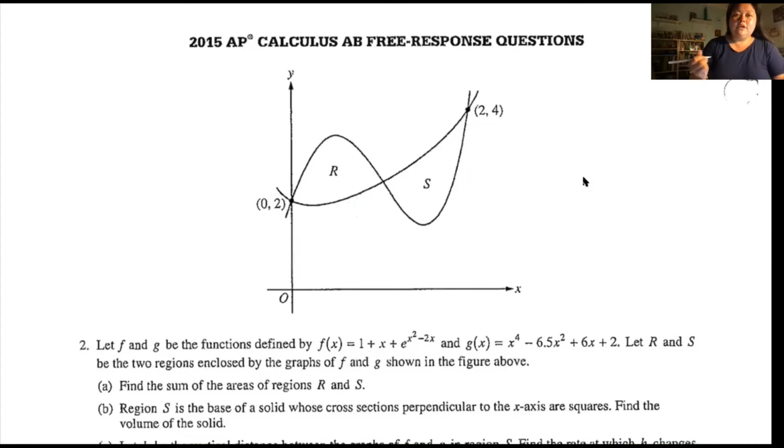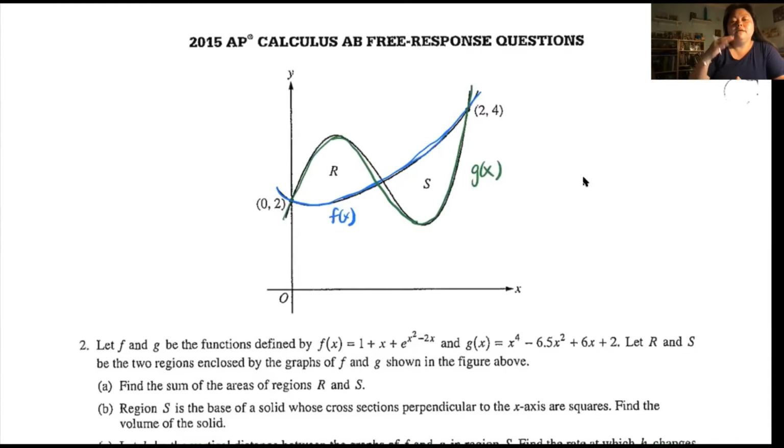After seeing the graph on our calculator, we know then that this is f of x. I'm going to use some colors to help me. So this is f of x, and then this one is my g of x. Looking at the area here, it wants the sum of the areas.